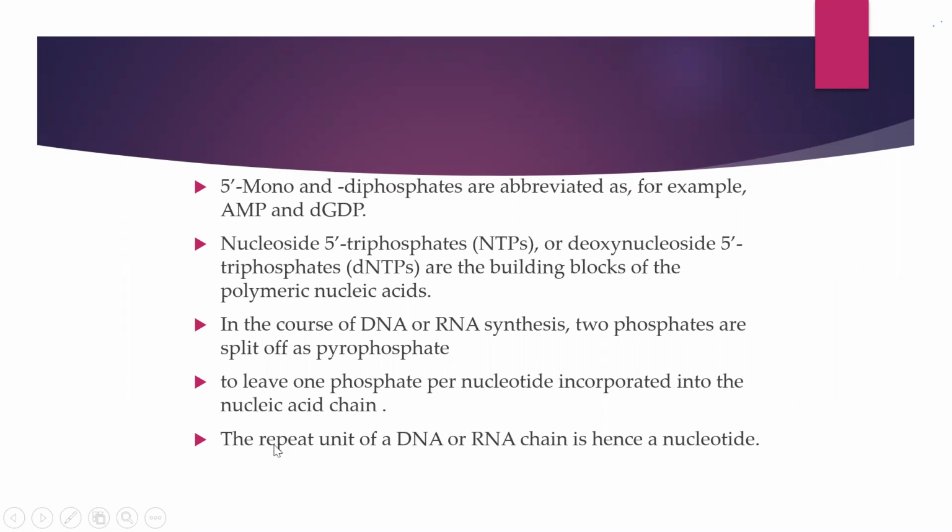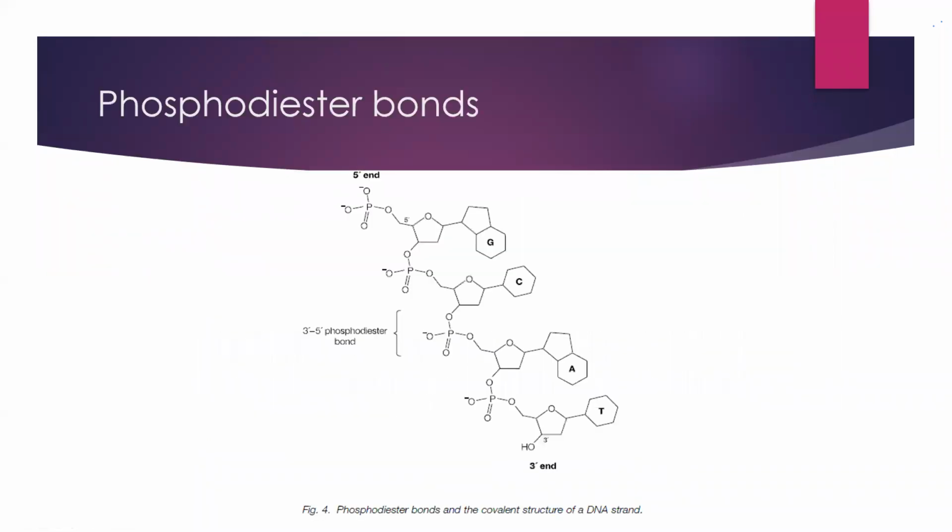So the repeat unit of DNA or RNA chain is a nucleotide, which is similar to the amino acid as in case of proteins. So here the repeat unit or building block of this nucleic acid is a nucleotide.